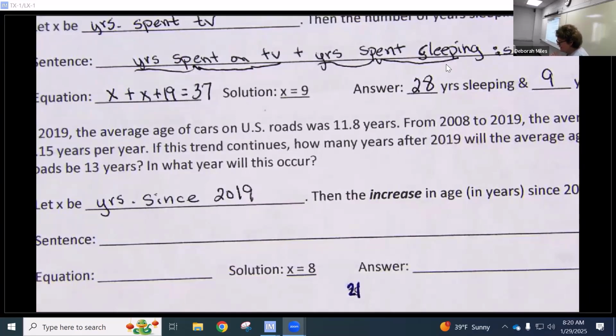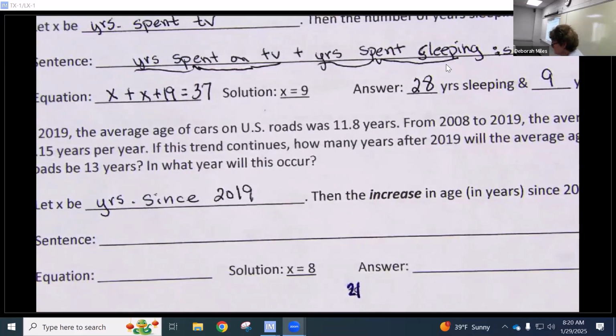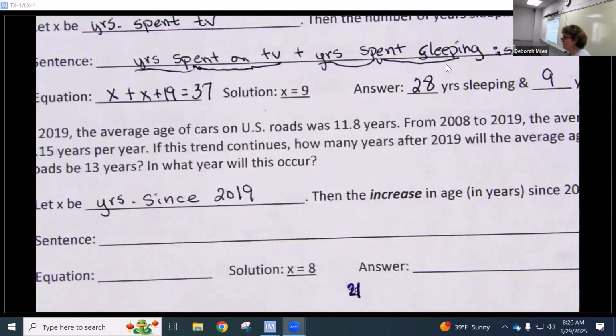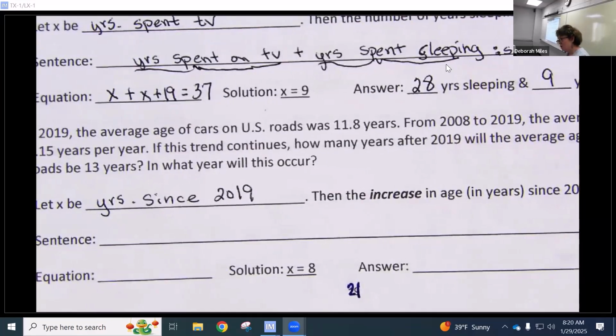What's the increase in age since 2019? What number in that problem has to do with the increase? Okay, 0.15, and is that saying it increased 0.15, or is it saying 0.15 per year? Per year.